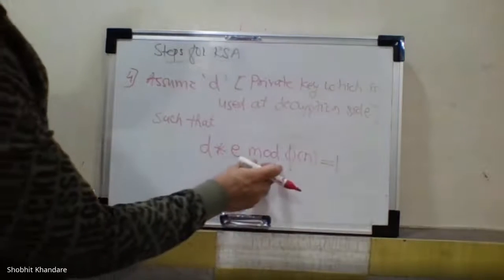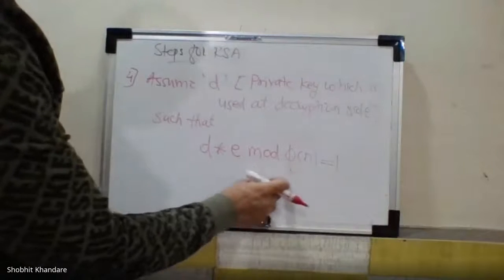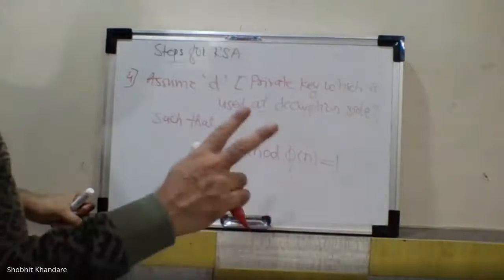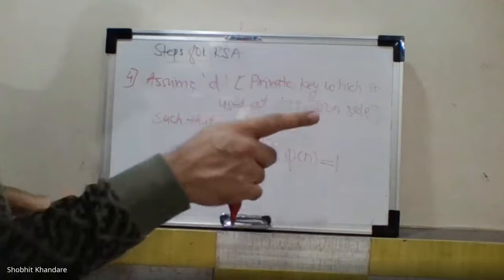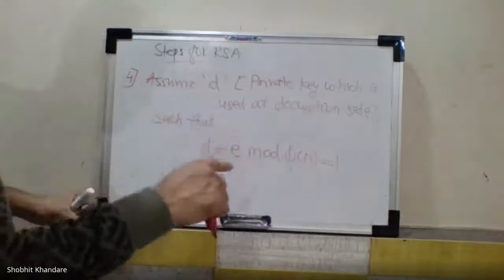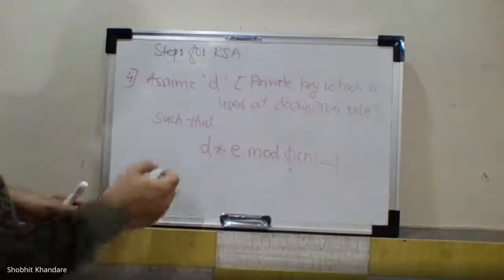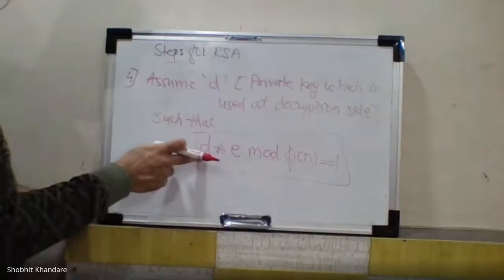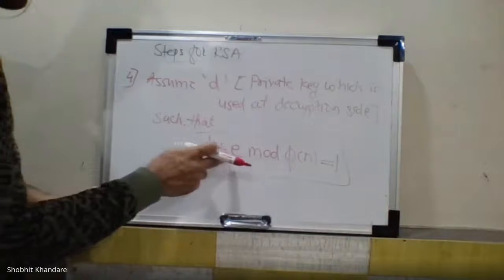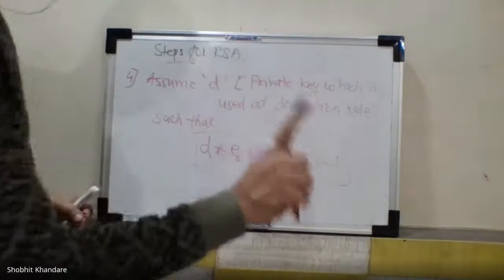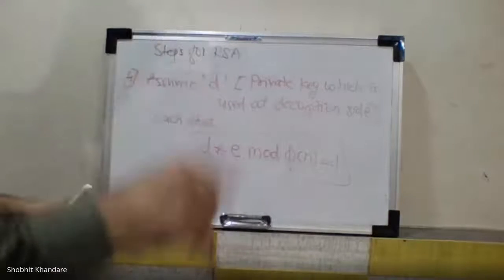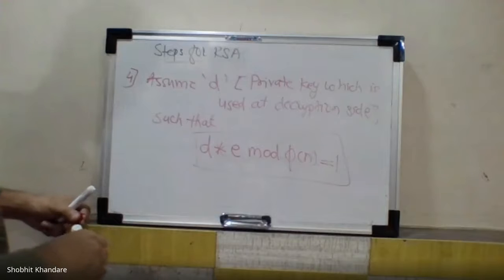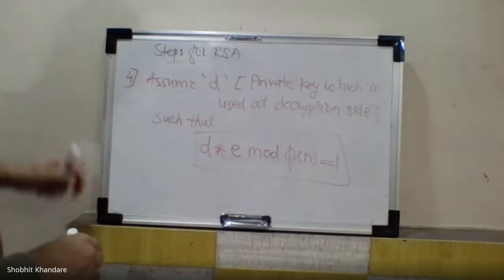We have already studied what mod is and how to get the mod. I have told you what the mod value is if a is less than b, and if a is greater than b. So we have to assume the value of d in such a manner that the multiplication with e mod of phi of n gives me 1. Okay, so this is the fourth one.